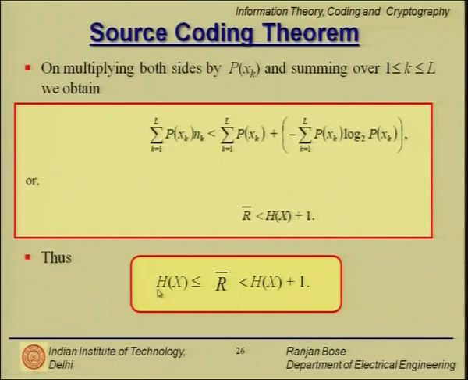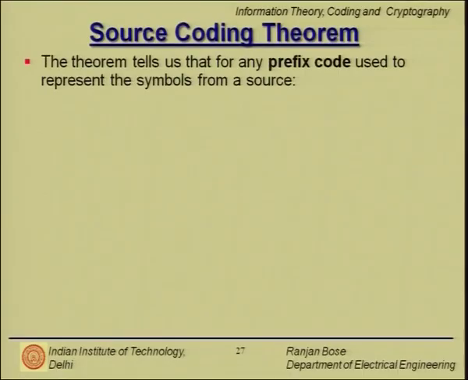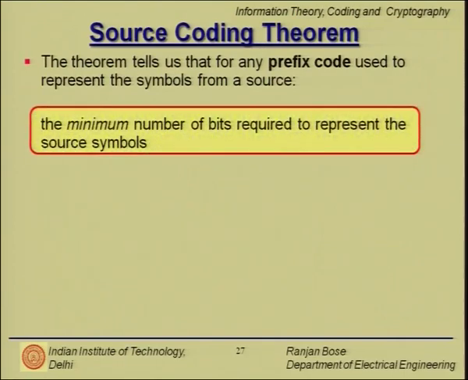So, you can show the upper bound for the source coding theorem. The lower bound was proved using the Kraft inequality, and we also use the Kraft inequality in parts for the upper bound. So, what is the implication of the source coding theorem? First and foremost, remember we use the condition of the prefix code. So, the source coding theorem deals with codes that satisfy the prefix condition. What does it tell us?